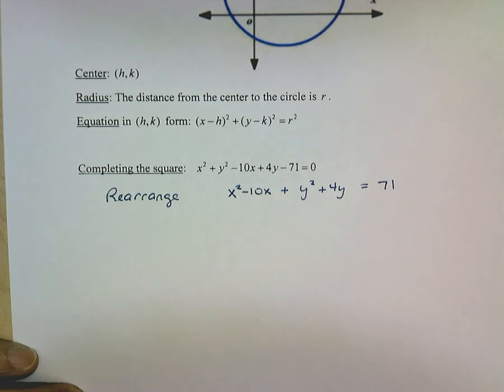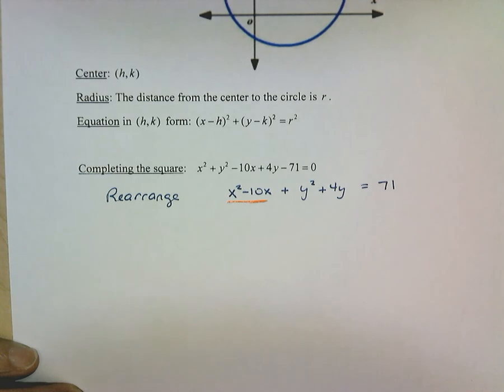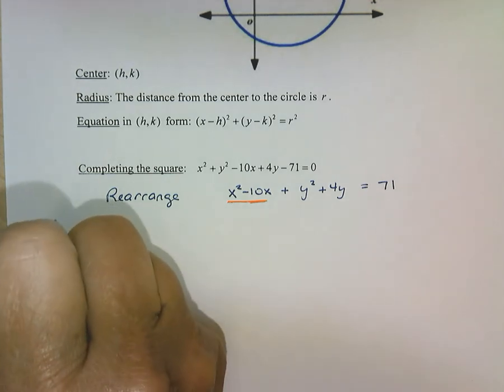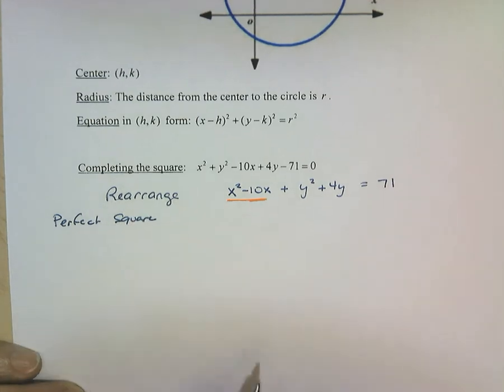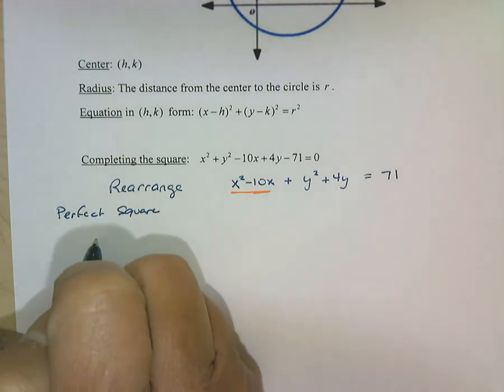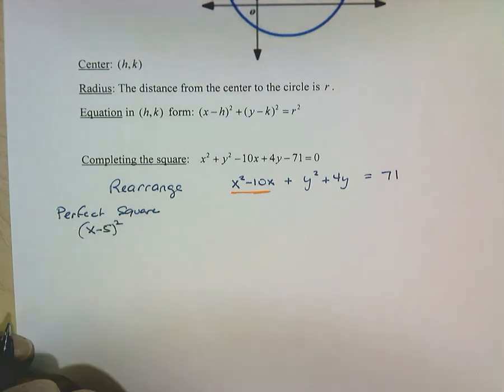Now this process of completing the square, I'm going to complete the square first on this x. But to do that, I have to explain to you why we're completing the square. So we want to create a perfect square. A perfect square would be something like this, x minus 5 squared.